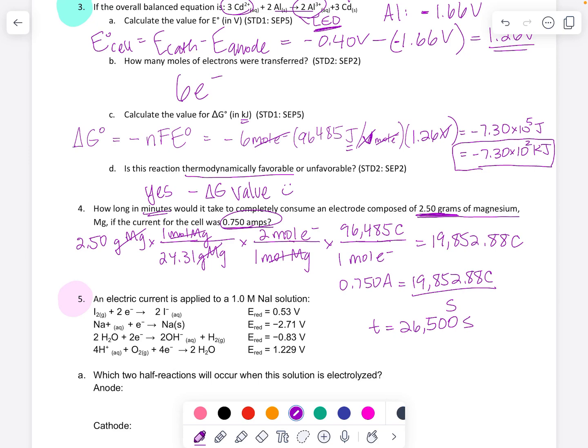But this problem actually wanted minutes. So I divide by 60 seconds because there's 60 seconds in a minute, and I get 441 minutes. So it takes 441 minutes to completely consume 2.50 grams of magnesium.